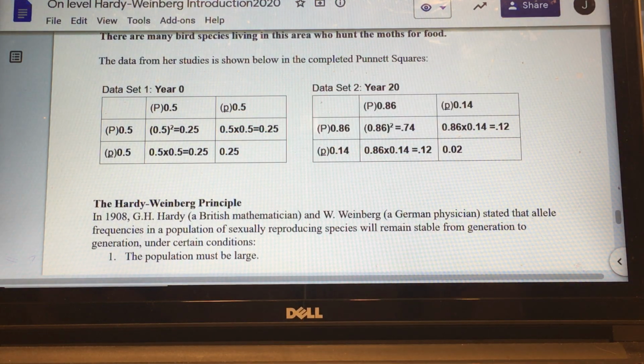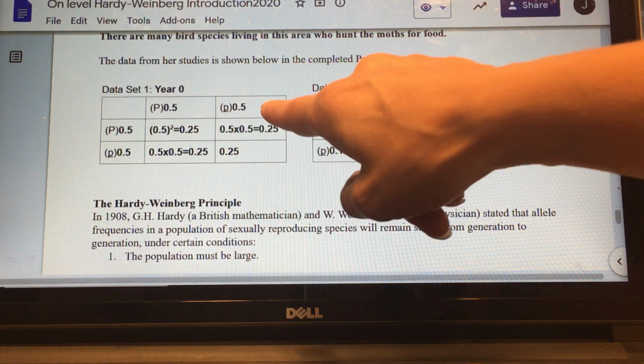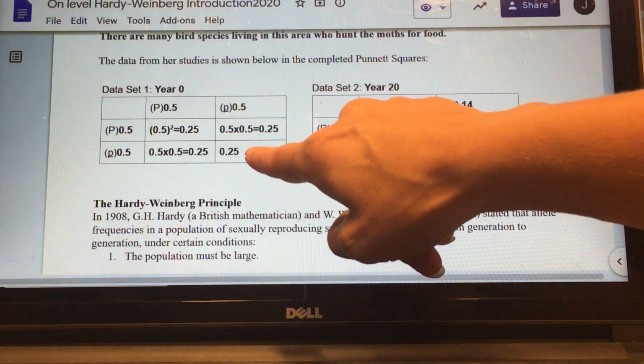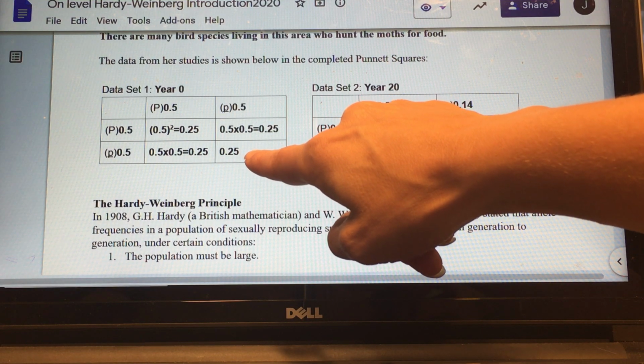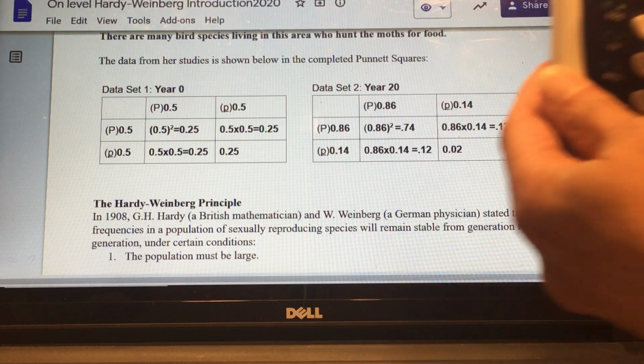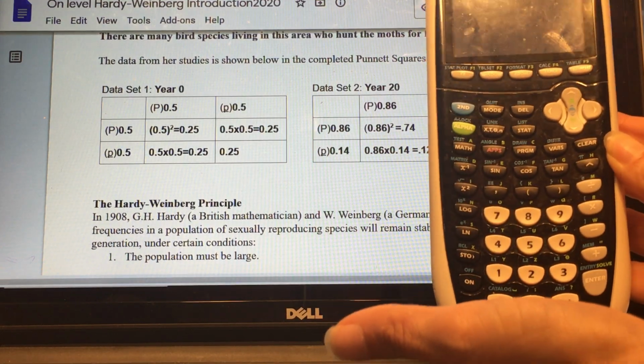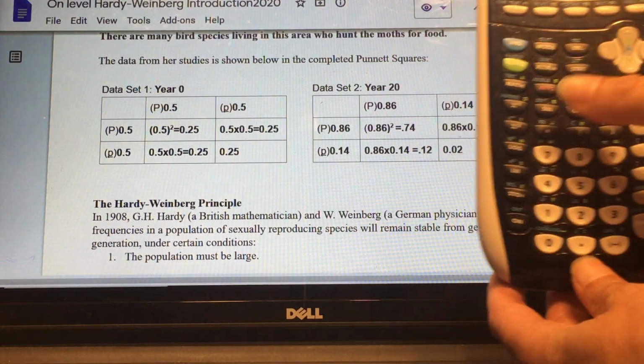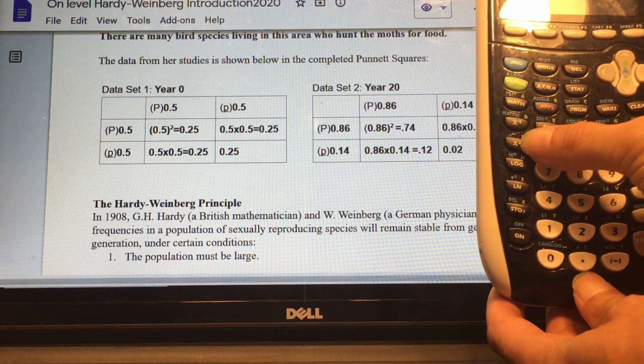If you want to know the chance of getting a homozygous recessive genotype, and you have the allele frequencies, it's 0.5 times 0.5, or 0.5 squared, which is 0.25. If you have the TI-84 Plus calculator, your squared button is the x squared.